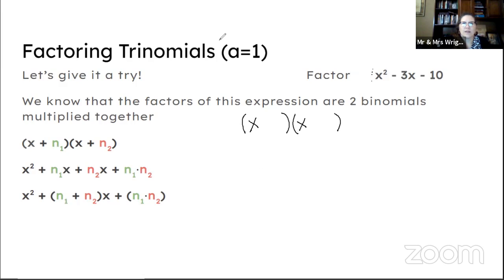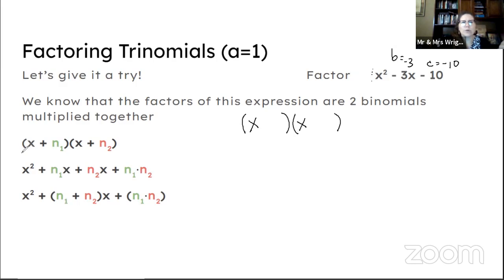Now, I have some information over here that helps us understand why we're going to multiply and add to each of these numbers. We can see that b is -3 and c is -10, okay? So we know that we're going to factor to this format. We're going to have an N1 and an N2, right?